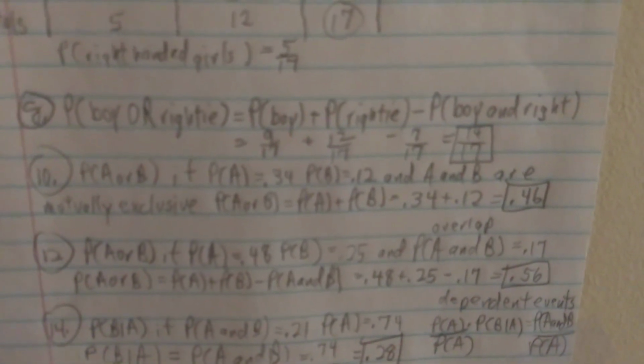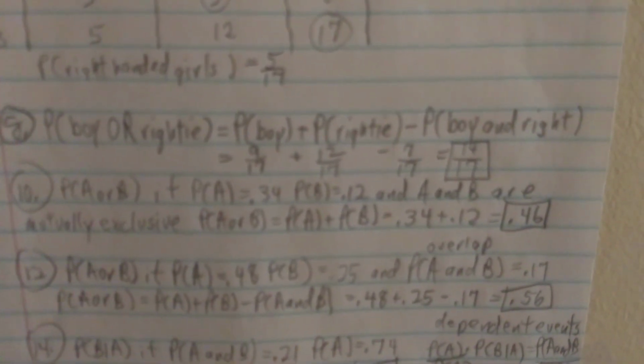So 9 plus 12 is 21, minus 7 is 14 over 17, for our inclusive event that has overlap of boys and right-handed, okay?